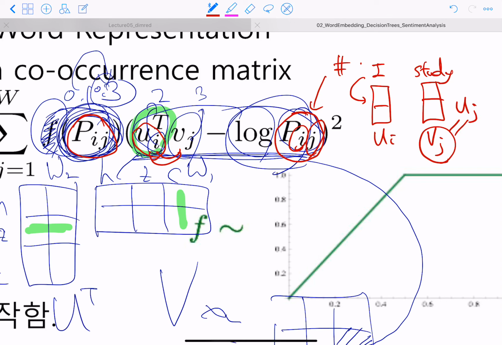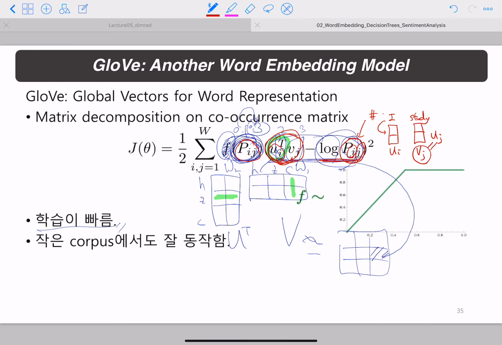So u_j, for example, and then here, this is basically the inner product in a two-dimensional space between the word i and the word study. So this inner product should be the same as, or as close as possible to, this log of p_ij. p_ij is the number of co-occurrences, right?